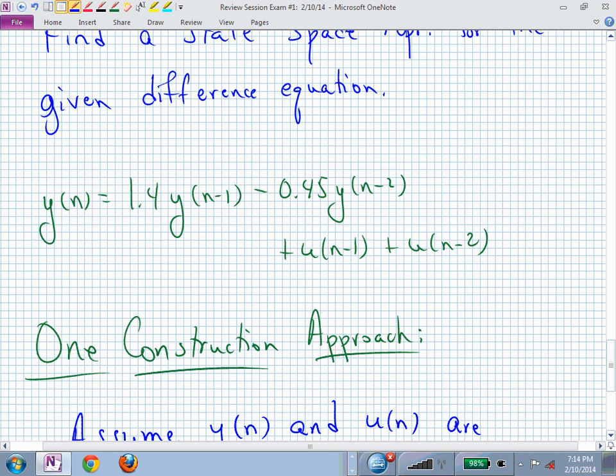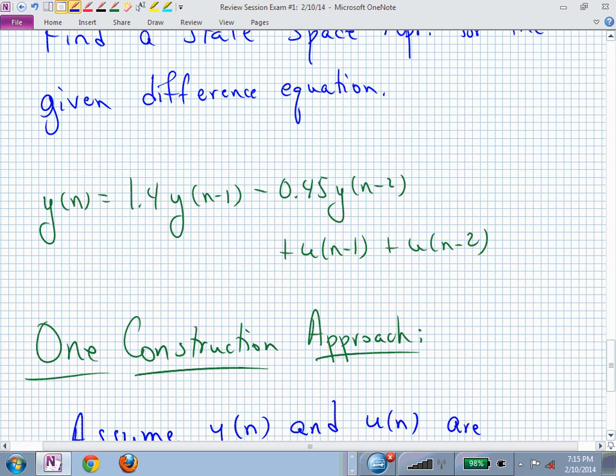Right? And if I need u of n minus 1, d operating on u of n gives me u of n minus 1. So if I apply d, the delay operator, to y of n and u of n, then I'm going to have these two pieces on the right-hand side. I just have to scale the one by its coefficient. Maybe I messed up and I should have put some coefficients there, but it doesn't matter.